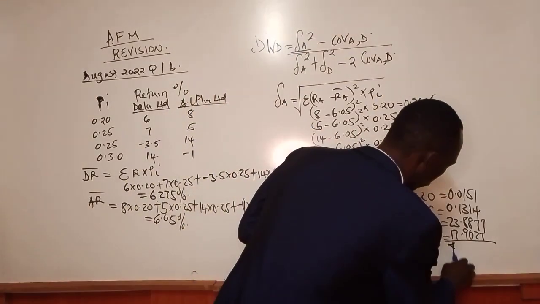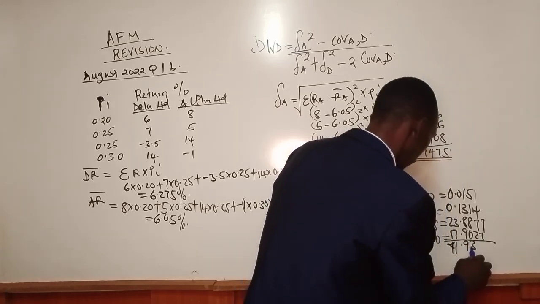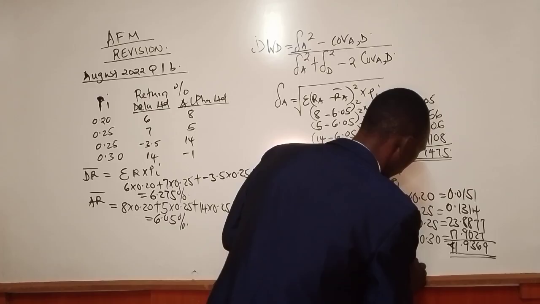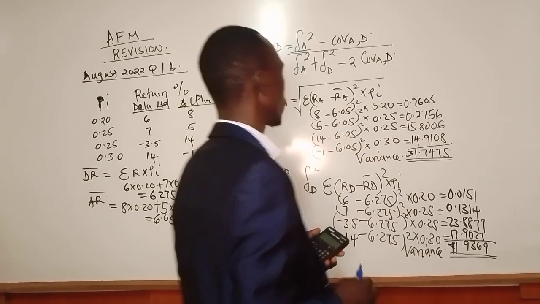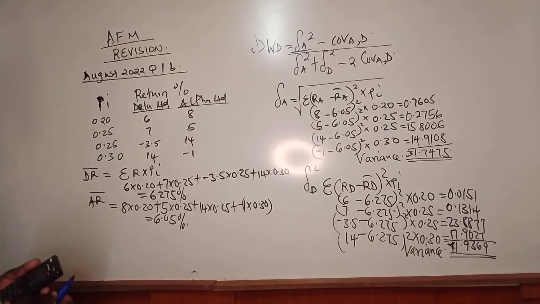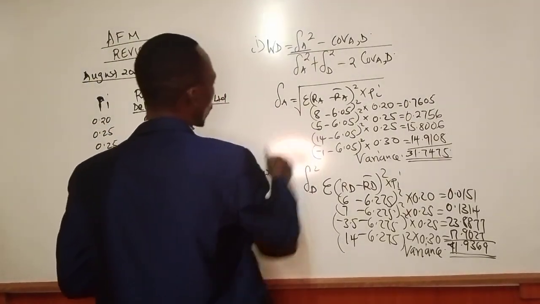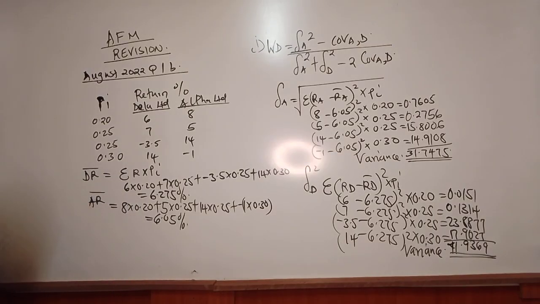We are getting 41.9369. That again is our variance. This is our variance of what? Variance of D. That is what we have.